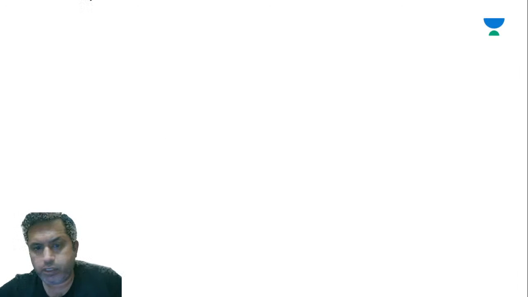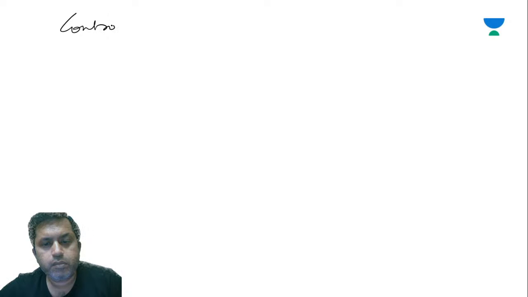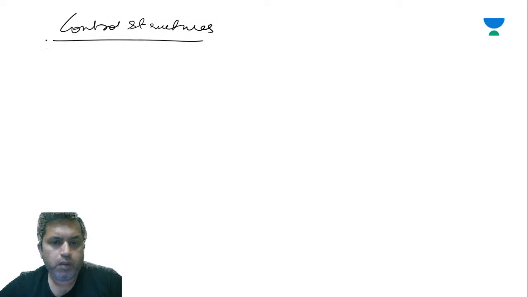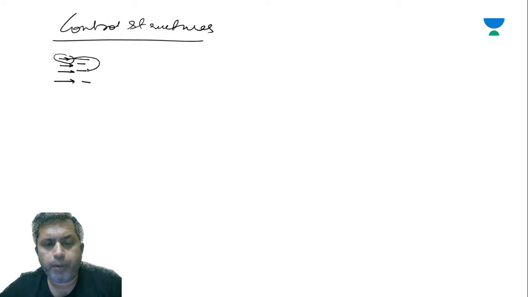So what are these control structures? Let us see what these control structures are. Whenever I write a program, my program control goes step by step. If you do not want this, that means if this step is done, you want the third step to be completed first, and then you want the first step to be completed after the third step. So in this one we need control structures.